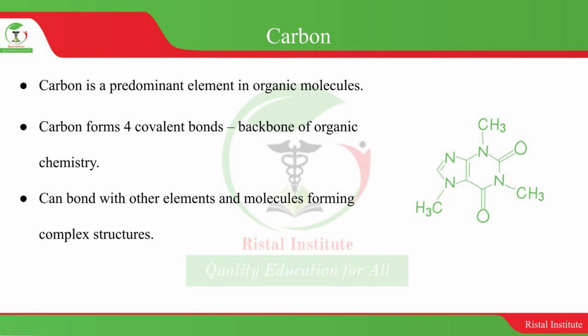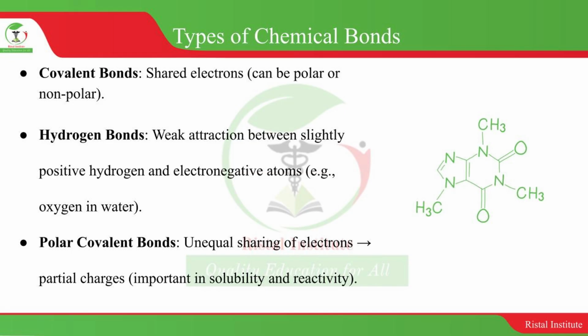For example, it can combine with other organic molecules and basically forms the backbone of organic molecules. It has the ability to combine with four other atoms for it to be stable. So that is carbon, which is the predominant element.